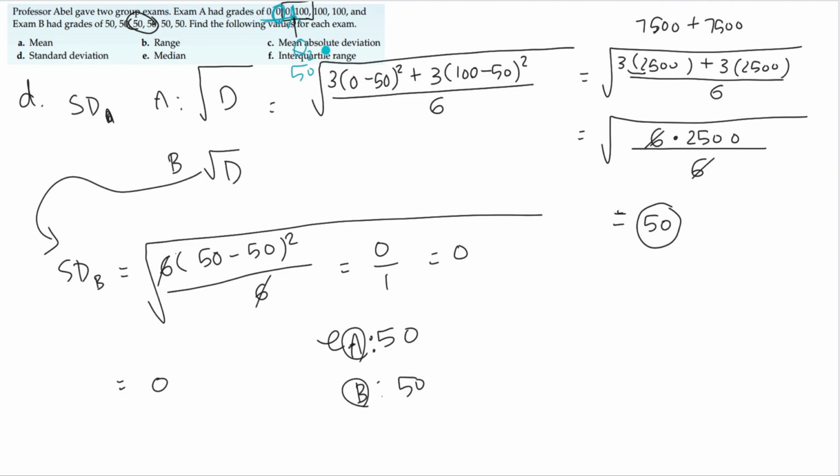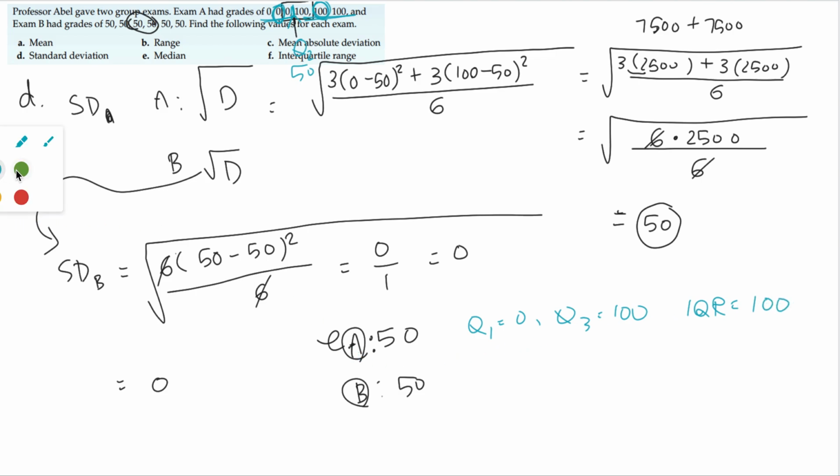That's this one, 0. That's Q1. How about Q3? Above Q2, you have 3 values and the median is this one, right? So Q1 is 0, Q3 is 100. So the interquartile range, which is the difference between Q1 and Q3, is 100 for exam A.